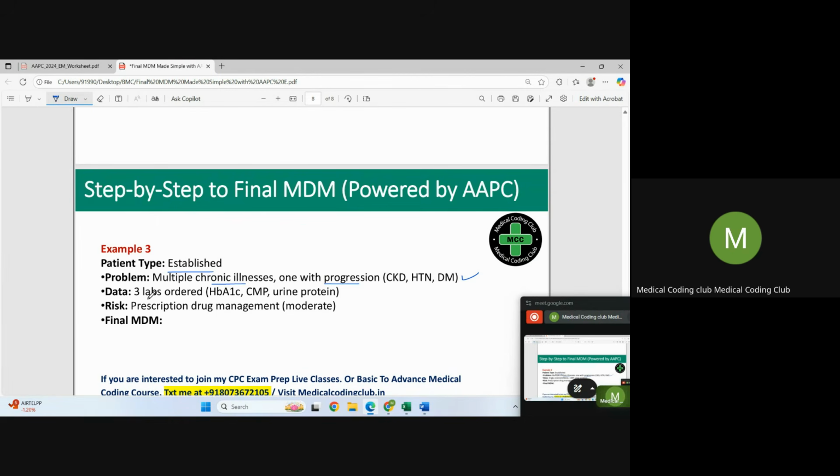Then data: 3 labs ordered, and they have given prescription drug management also. Before that, I'll give you brief information about this particular problem. The problem says multiple chronic illness with exacerbation or with progression.